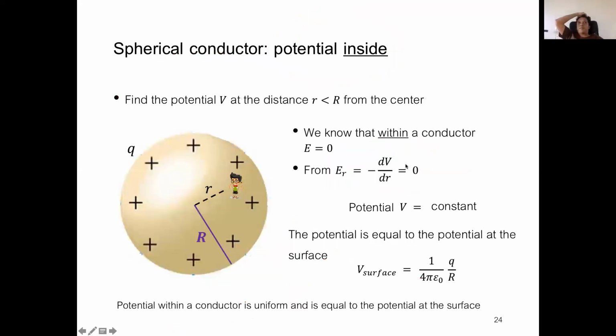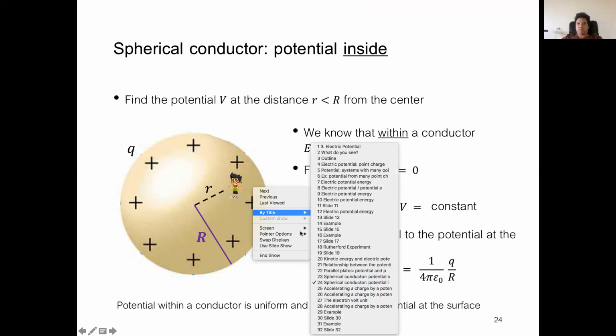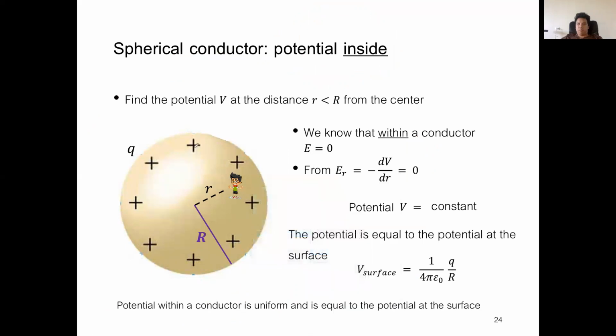So we can conclude that for the potential outside, we have this V. Then for the potential inside, I create a Gaussian surface within the conductor, and as there is no charge here, there will also be no electric field within the conductor.